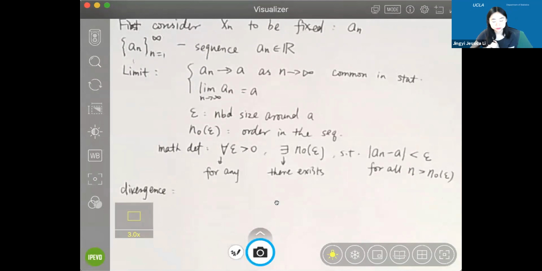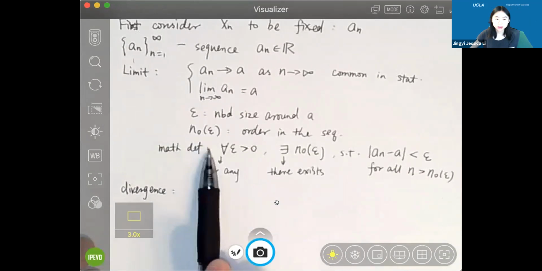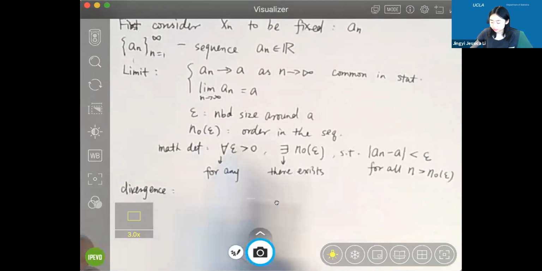How can we define that mathematically? Previously we talked about a neighborhood around A. For divergence, we can talk about an upper bound on the sequence. No matter how large the upper bound is, you can always find an order in the sequence so that all the later numbers in the sequence are greater than the upper bound. If we can always do that, then we have divergence.